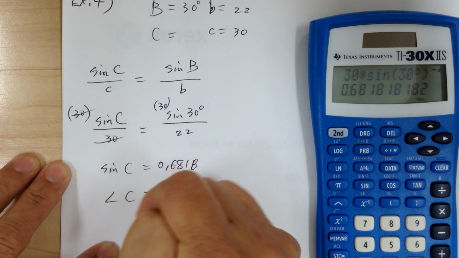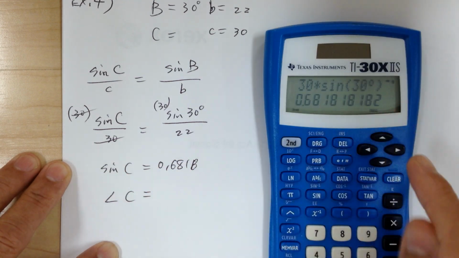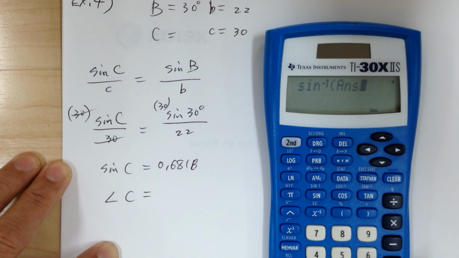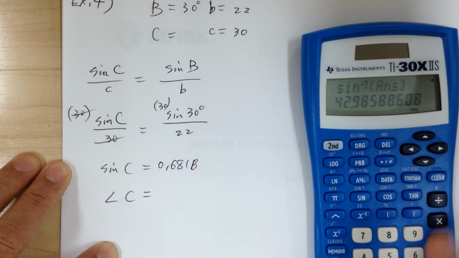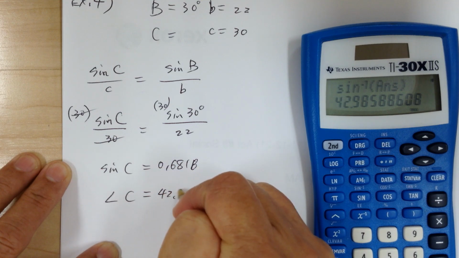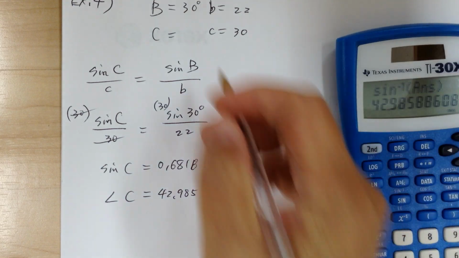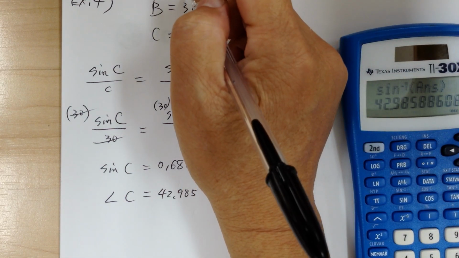So angle C equals, you go second sine of the answer from before, 42.985. So angle C will equal 43 degrees.